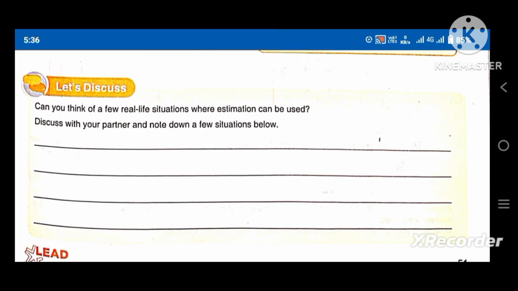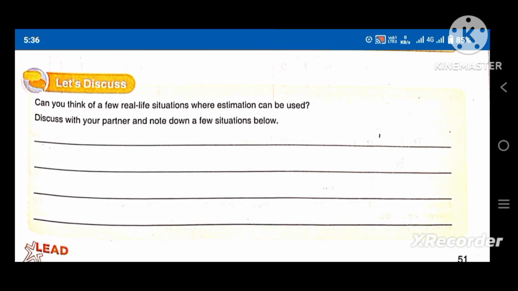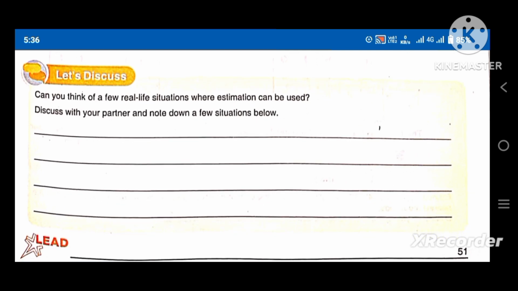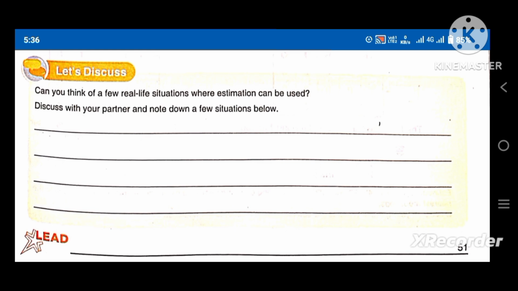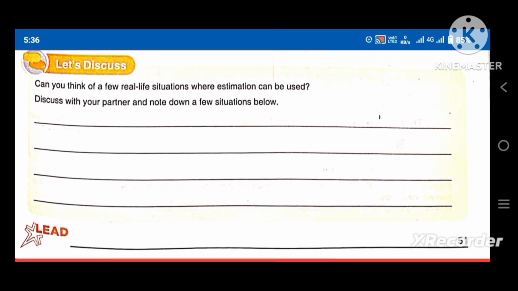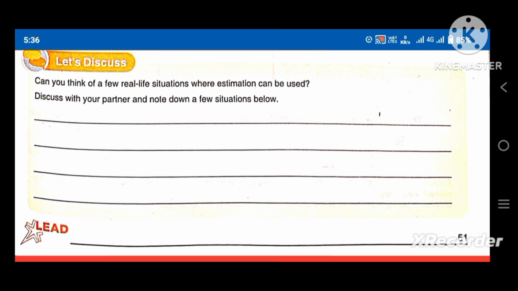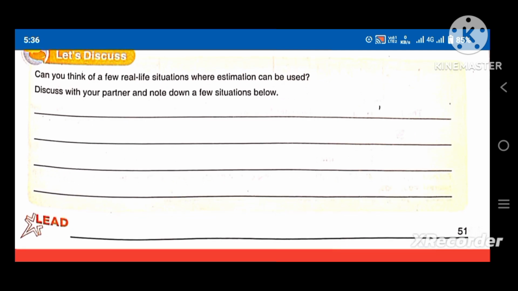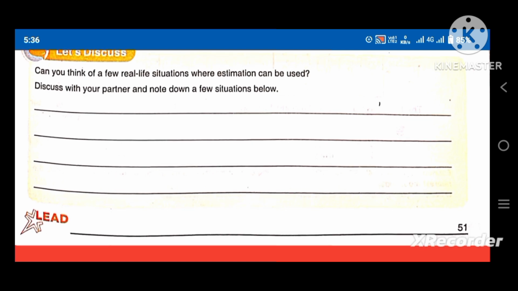Discuss with your partner and note down a few situations below. Like the price of a TV or saree or fridge or mixer. We talk about these approximately.